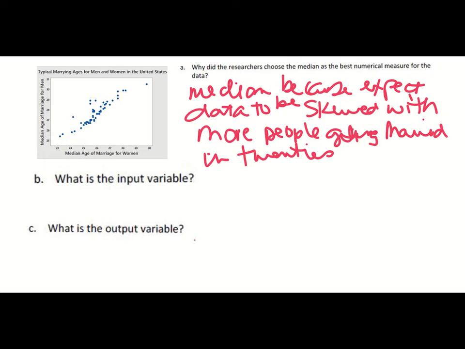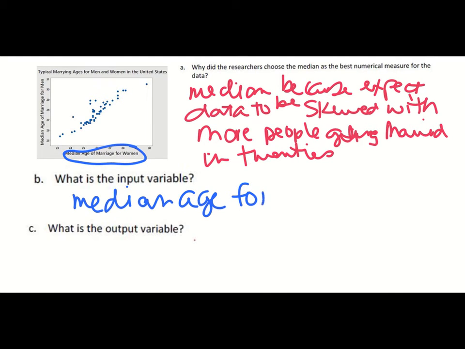Okay, so here they want your input variable. In this case, the input variable from this chart is the median age of marriage for women.